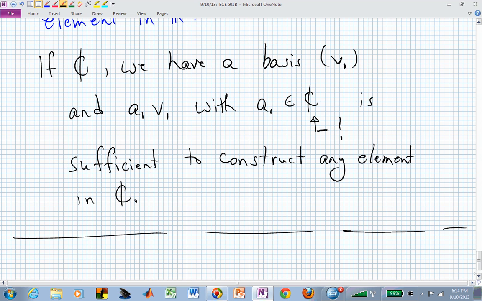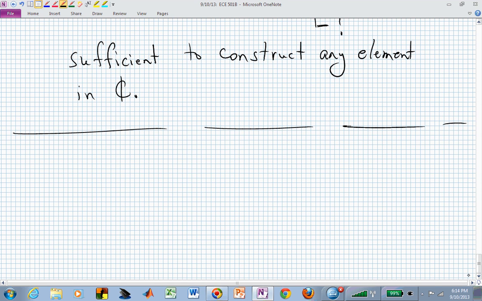Let's now look at some examples dealing with polynomials and dimension.